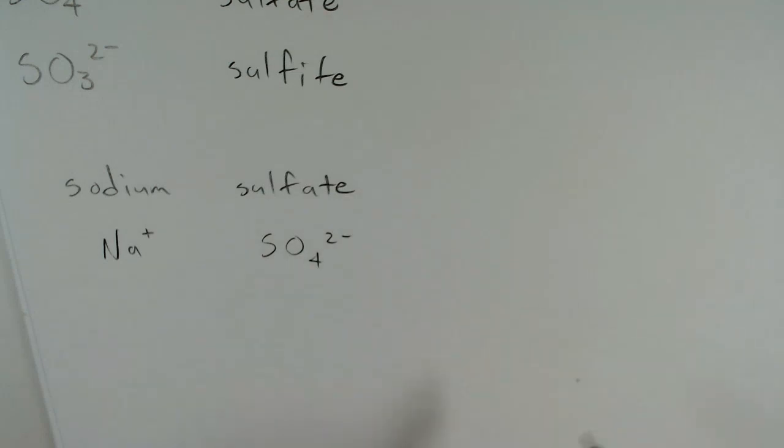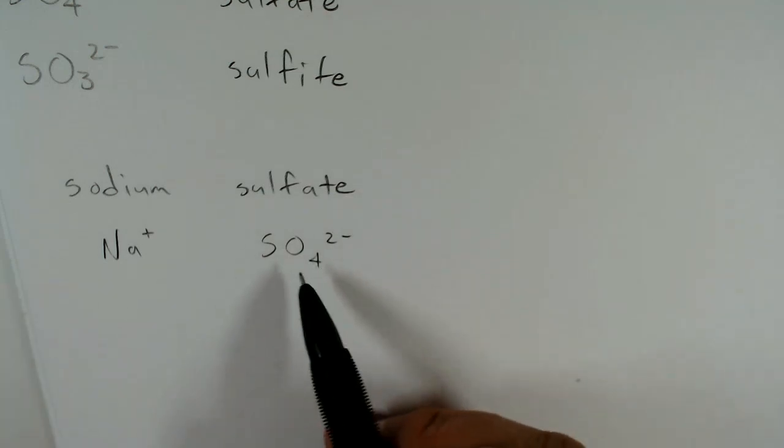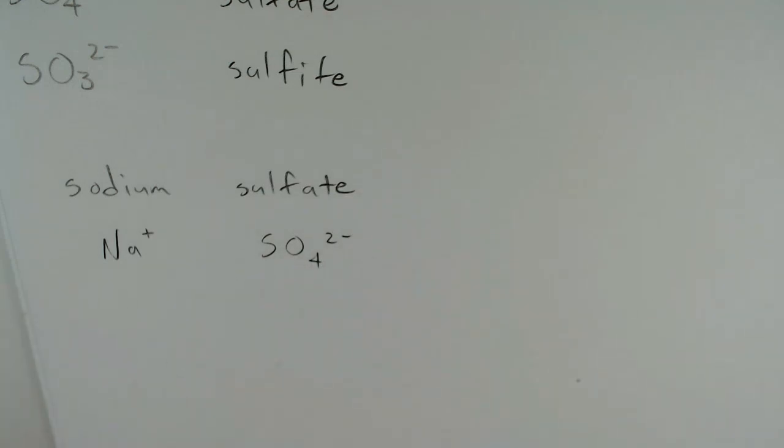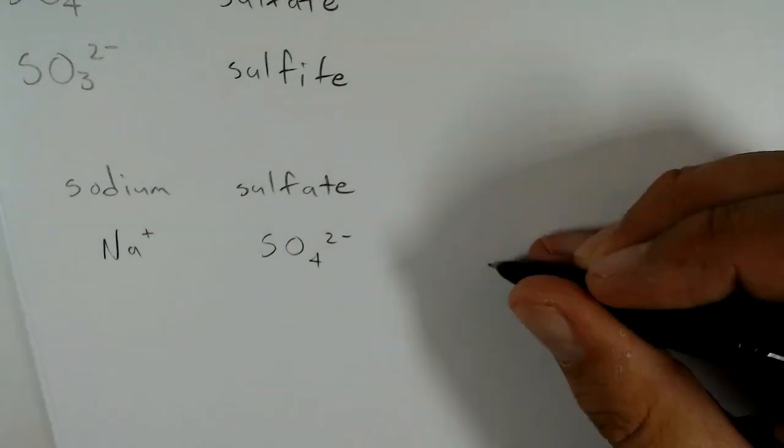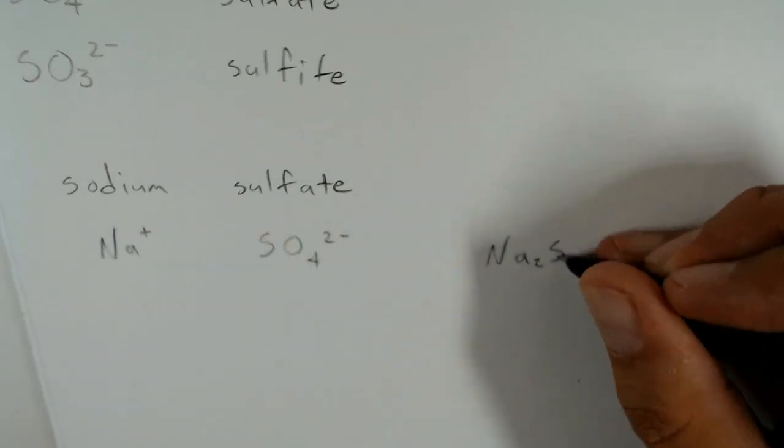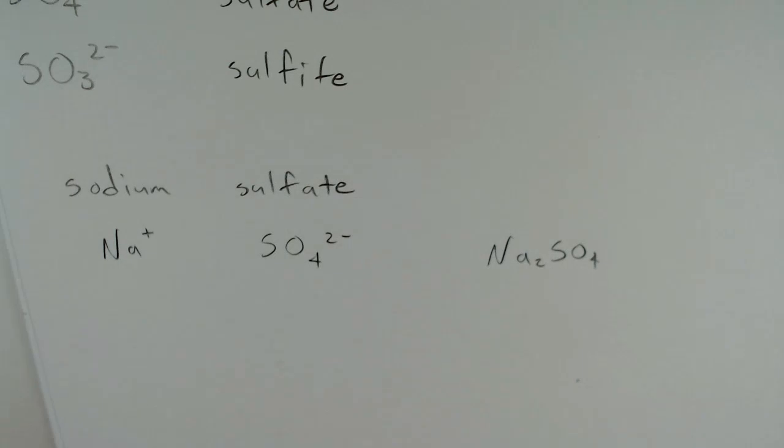You want to be careful. If you need more than one of these polyatomic ions, you have to use the parentheses. So this was Na2SO4, sodium sulfate. And this particular salt is commonly referred to as sea salt.